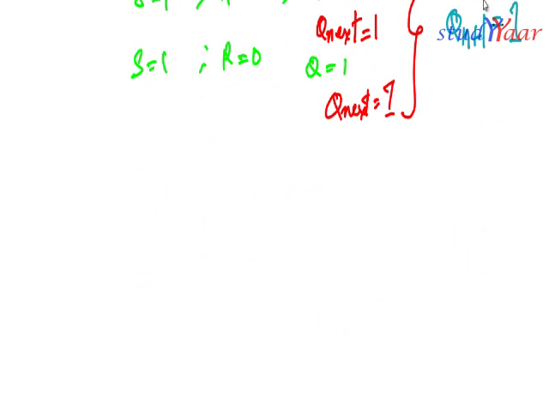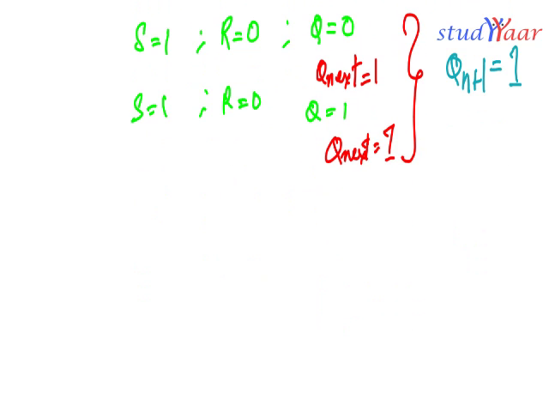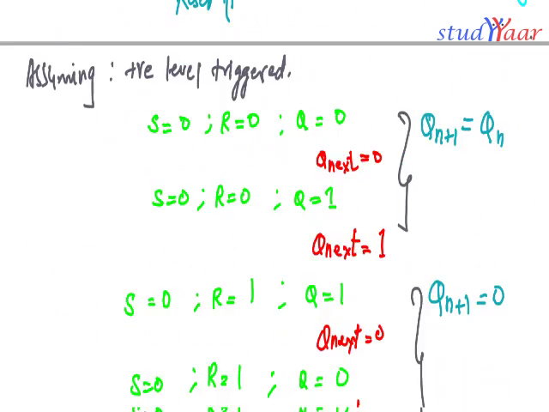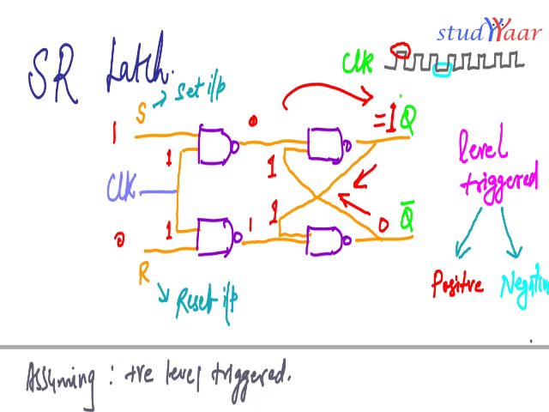Now I am going to take a final scenario where my s is equal to 1 and r is equal to 1. Let's suppose q is equal to 0. Where am I? I am here. I'm going to take this off, this off, this off as well.